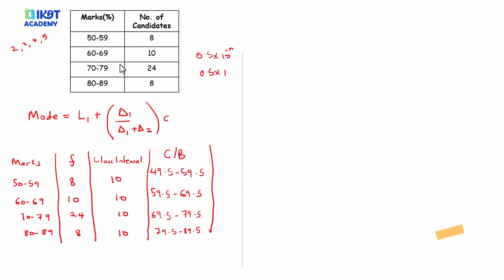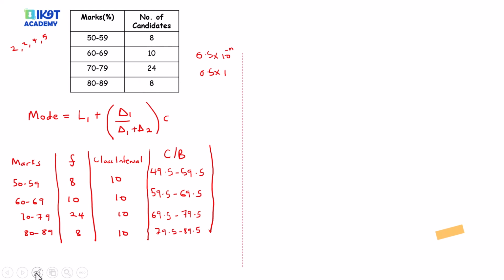The marks which have the highest number of candidates are 70 to 79, with 24 candidates. But the mode cannot be a range. The mode has to be a specific number. However, we call this the modal class, because I told you we call these classes, then when we change they become class boundaries. So this class has the highest number of students, so we call it the modal class.